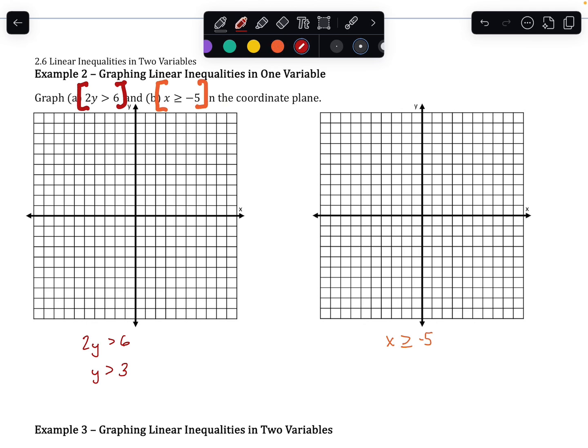So what we want to do is we have y is greater than 3. So we're going to find our 3, which is here. Now, earlier we talked about if it has an equal sign, it's solid. If not, it's dashed. It is not equal, so it will be dashed. And y is just 3, so dashing our line here.